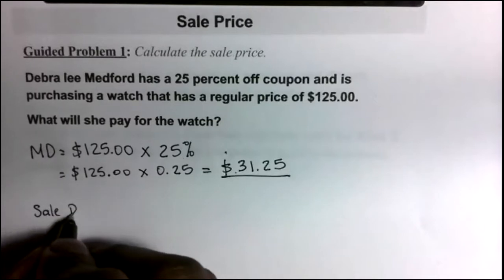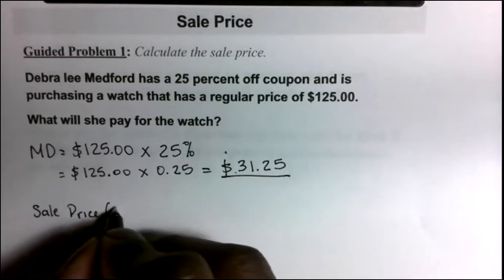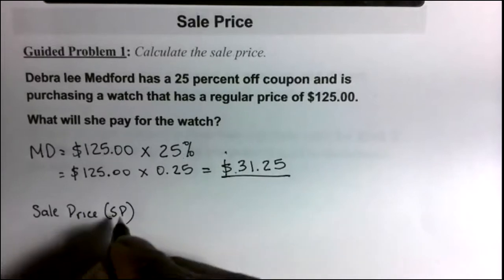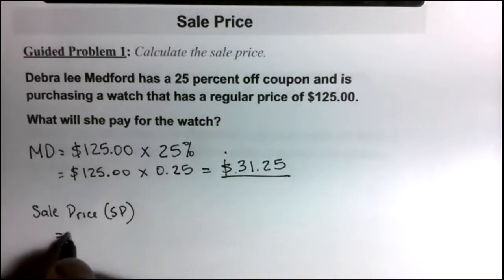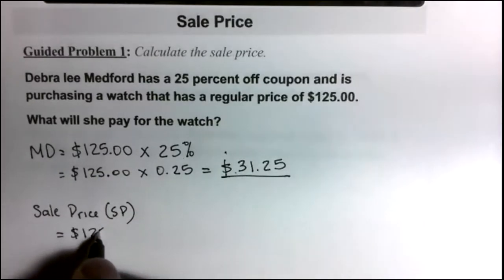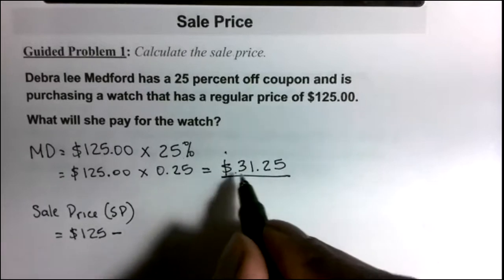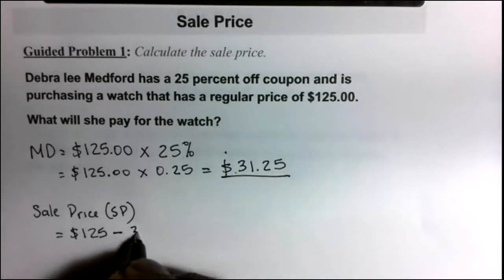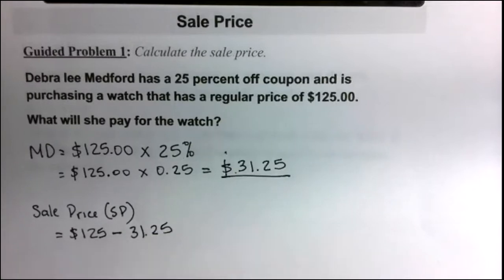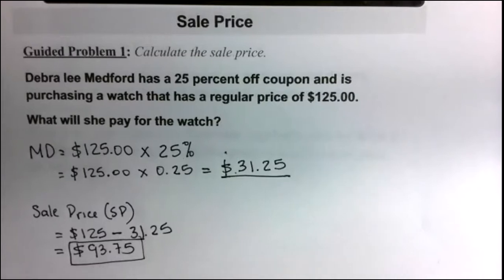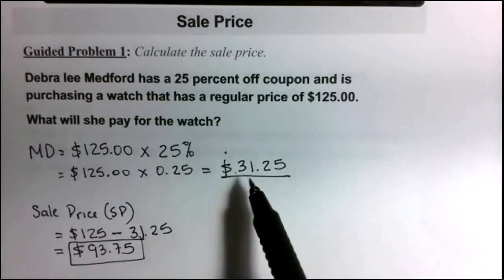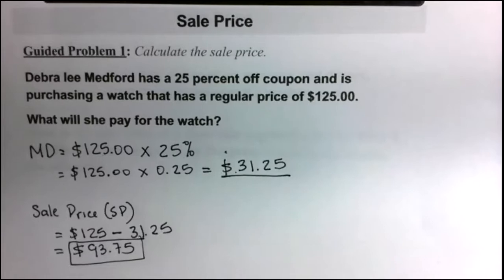My sale price is my regular price, 125, minus the markdown we just found, 31.25. This gives me a total of 93.75. So I'm paying $93.75 for the watch, and I got a discount of $31.25.